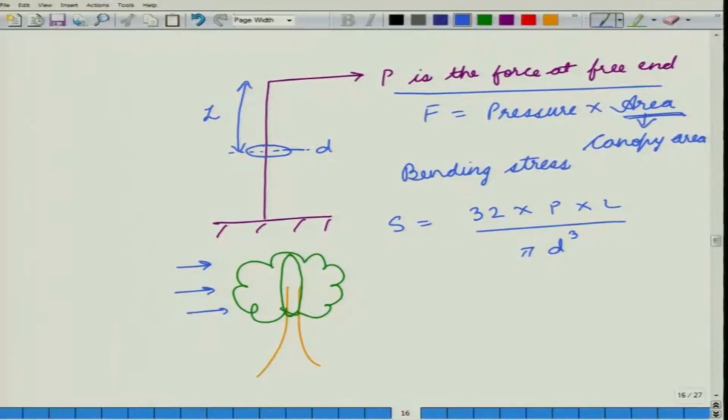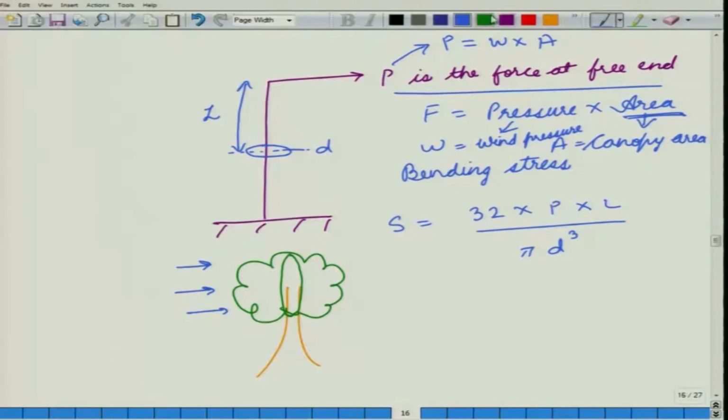We represent the wind pressure by W and the area by A, which is the canopy area, and W is the wind pressure. So, in this case we will have P is equal to W times A.